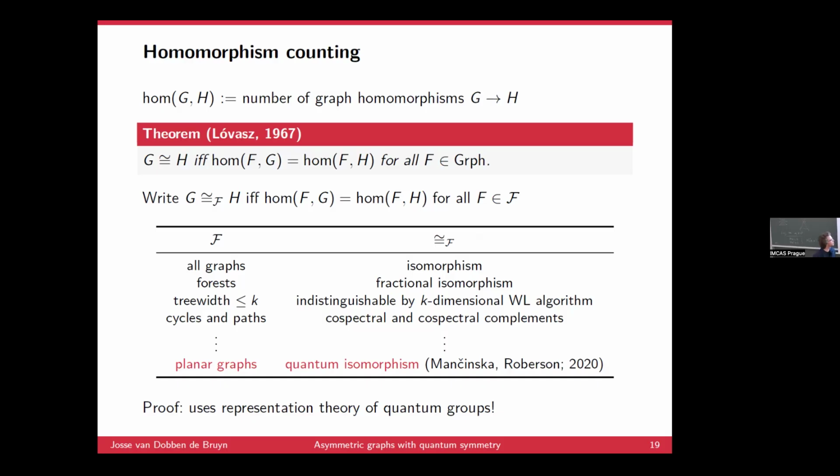For instance, I don't think two fractionally isomorphic graphs have the same number of homomorphisms to every forest. I don't think that's true. So I think you would get different isomorphism notions. I'm not aware of them being studied, but maybe I just didn't look at that part of the literature.